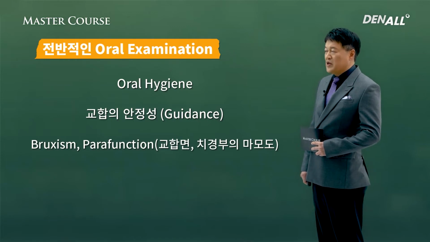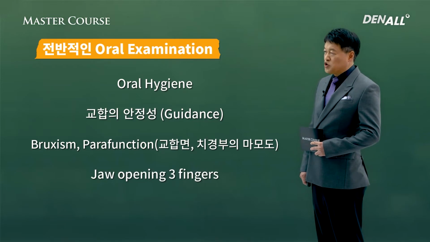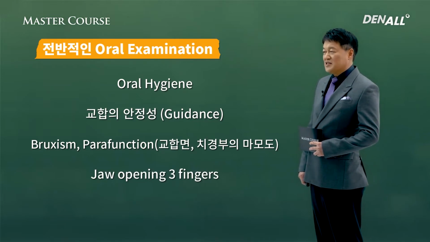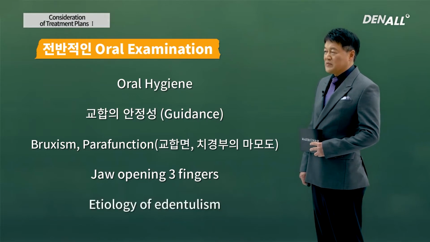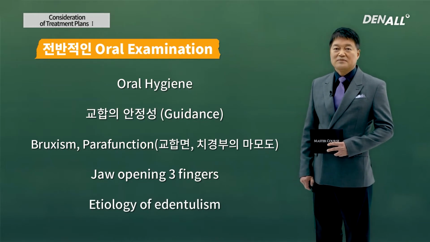The wear of the occlusal surface needs to be evaluated. Fourth, for adequate surgery, you need to check whether mouth opening can be done adequately. We can test with 3-finger test. Finally, it is necessary to know the cause of extraction.